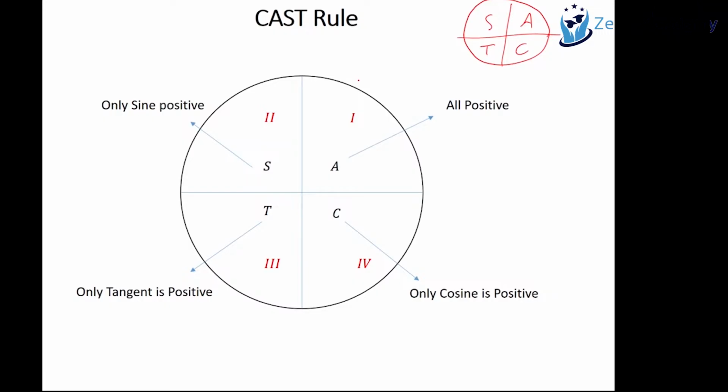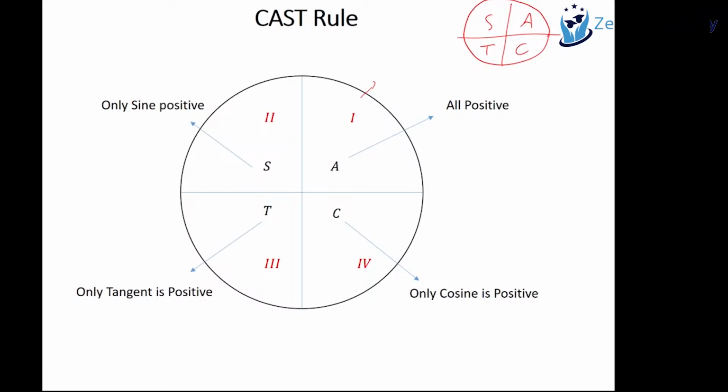We call these quadrant 1, quadrant 2, quadrant 3, quadrant 4. In a specific quadrant, you could know the sign of the trig functions even before calculating it. So if I place an angle in a certain quadrant, then I could tell you whether the value of the cosine, sine, tangent, or cotangent is positive or negative.